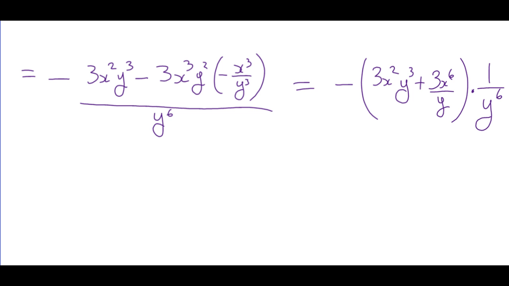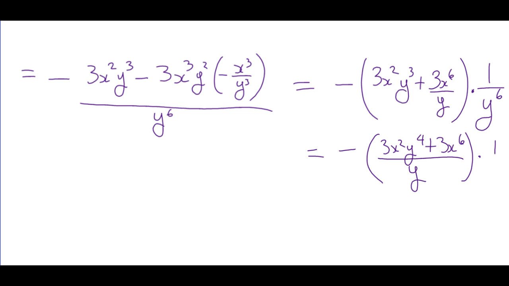So to add these two, I need to put this over y. So this will become a y to the 4th, and then we'll get a y. So let's do that. We'll get negative 3x squared y to the 4th plus 3x to the 6th over y, right?